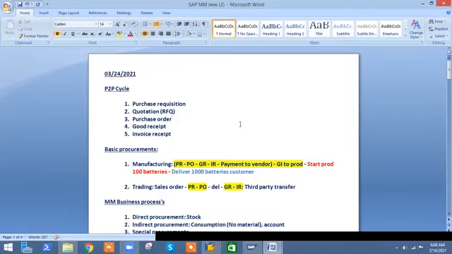Suppose a user is trying to create a purchase requisition and is unable to create it. Then immediately, as a consultant, you have to look into the issue and check from scratch to end, going into the configuration to check whether anything is misconfigured.